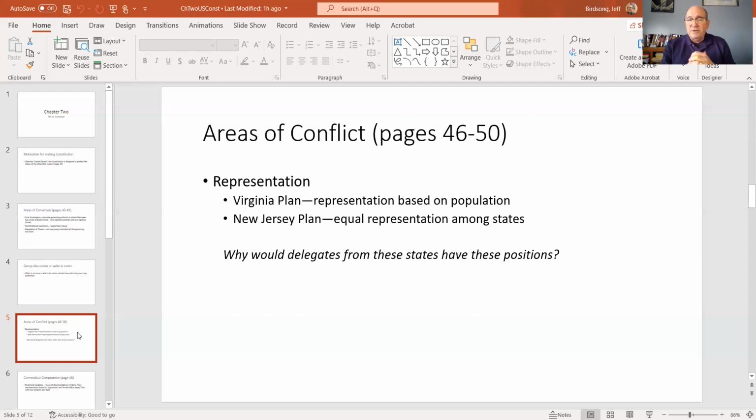And certainly at that time, Virginia had the opportunity to get even larger in terms of its population, as people continued to move out west, where that was not a possibility for New Jersey. So there were some realities in terms of how many people were in those states and then how many people could be in those states. And that would have some impact, and the driving impact really, on how those delegates would view the best form of representation.